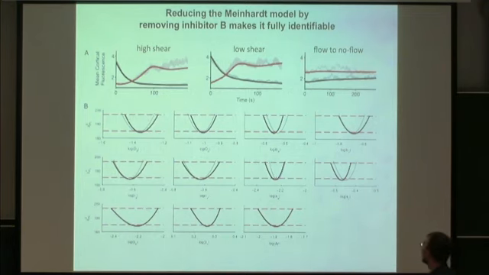So we have three new parameters, okay, and you see the goodness of fit is still very good. The same can be also done for randomly migrating cells.